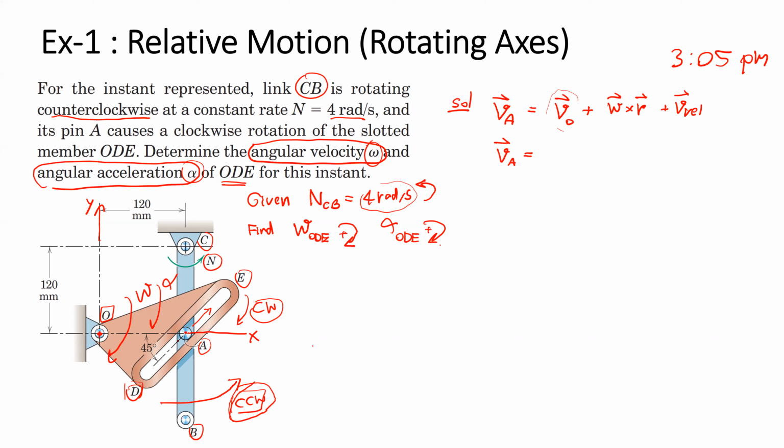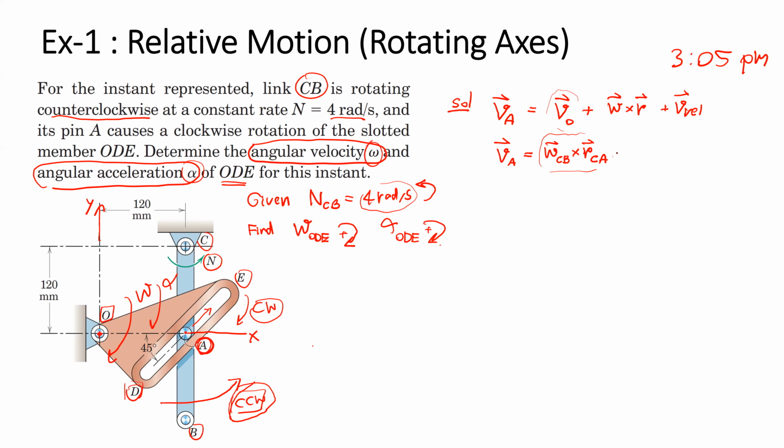So the velocity of point A, the pin, is equal to omega of the link CB crossed by the position vector measured from point C to point A.